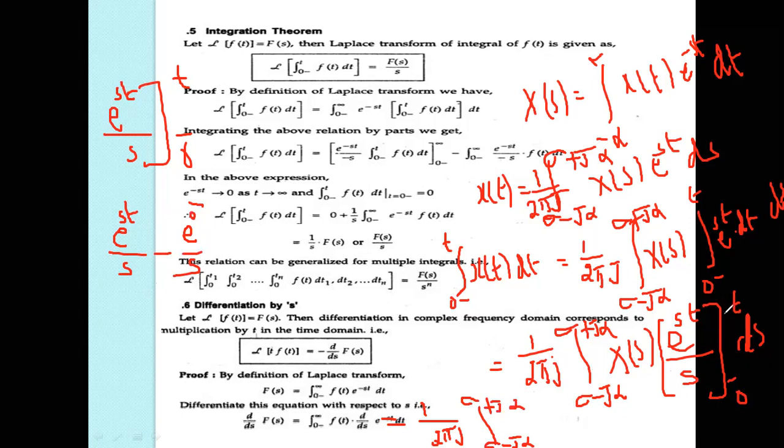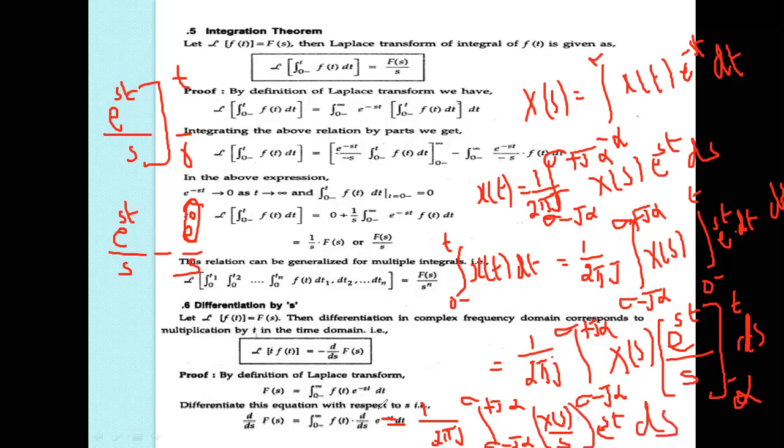After substituting the t value, there is no change, e power st. And actually, if I am taking the 0 minus value, it is bilateral, unilateral. If it is minus infinite, it is 0, the 0 by s. So X of s by s e power st ds.